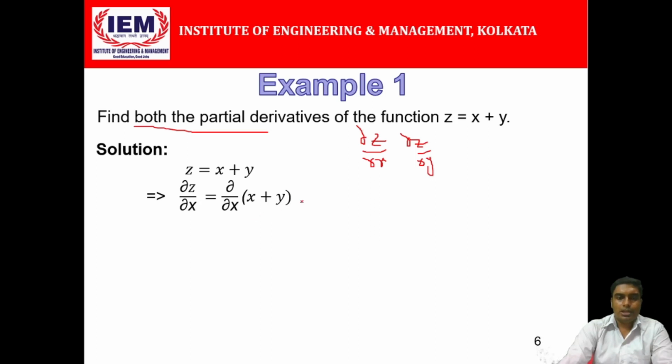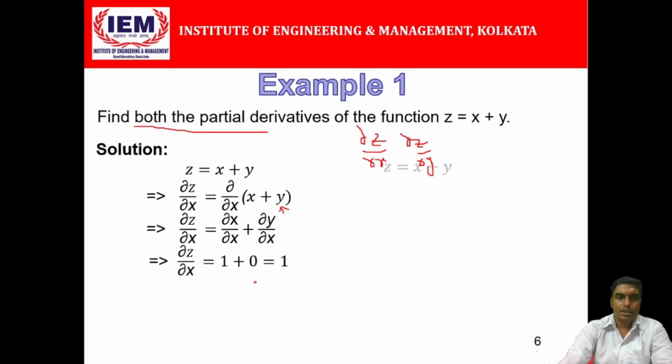I already told you that when I differentiate this function with respect to x, I treat the other independent variable, y here, as constant. So differentiating it gives 0 and the x term gives 1, so del z del x will be 1.